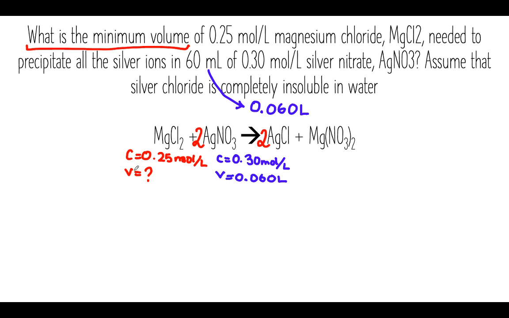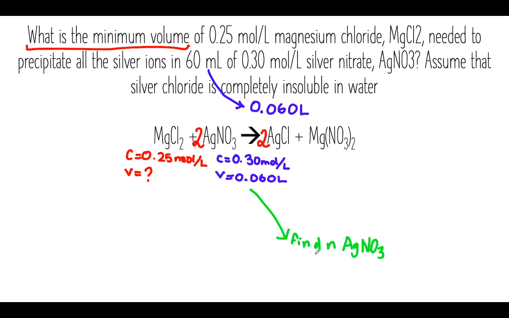So if I look here for magnesium chloride, I have the concentration, but I don't have the volume, which means I cannot find the moles for MgCl2. But for AgNO3, I've got both the concentration and the volume. So my first step was balancing. Next step is to find moles. I'm going to put moles as n just to make it easier. Find moles of AgNO3.